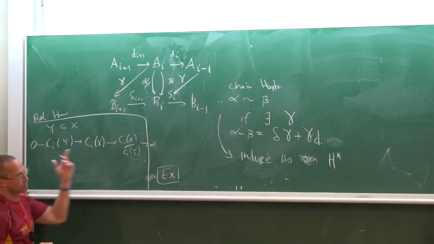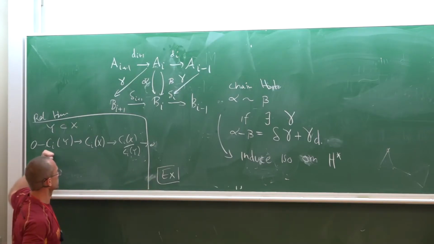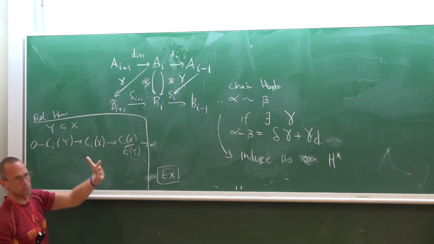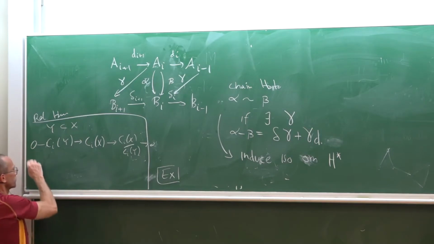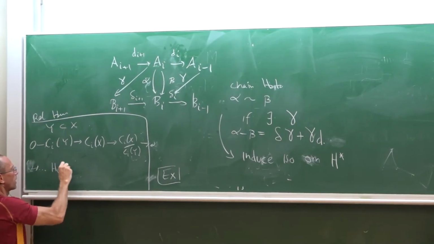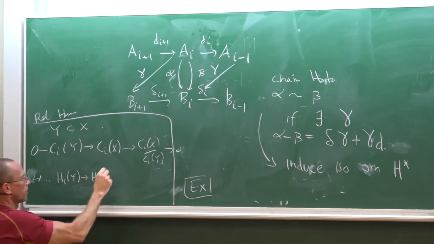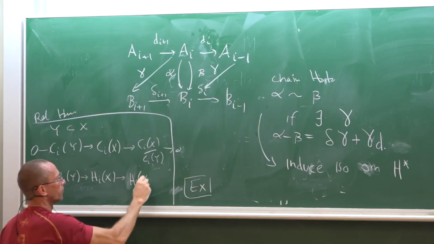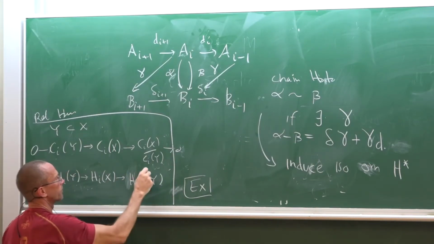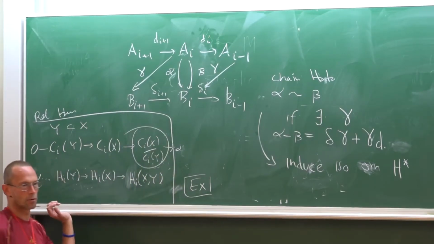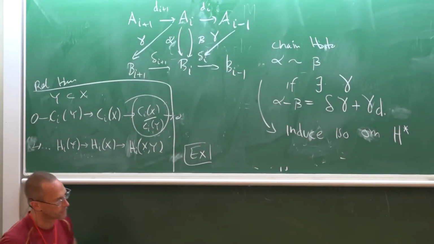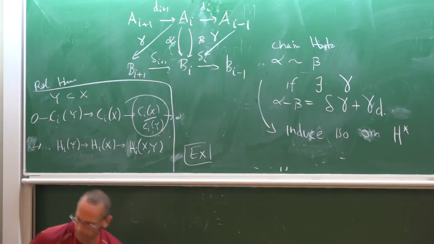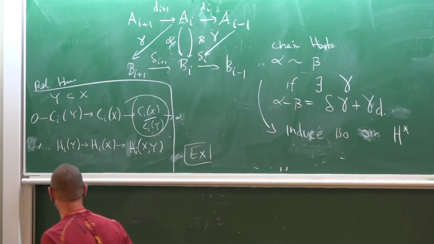And by the fundamental theorem of homological algebra, a short exact sequence of complexes gives us a long exact sequence in homology. So this yields a sequence, something that looks like H_i of y goes to H_i of x goes to H_i of x comma y. This is called the relative homology, the homology of this quotient complex. So that's relative homology.